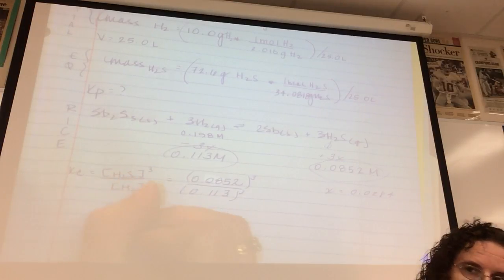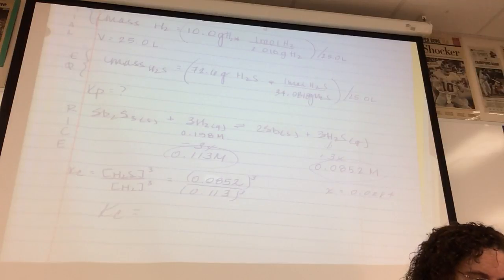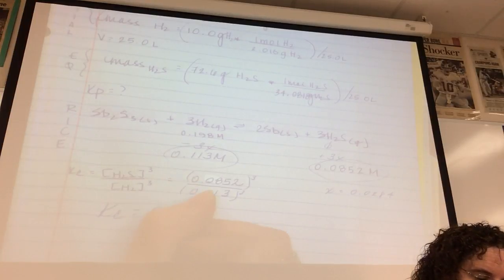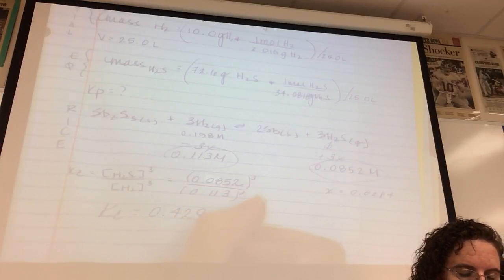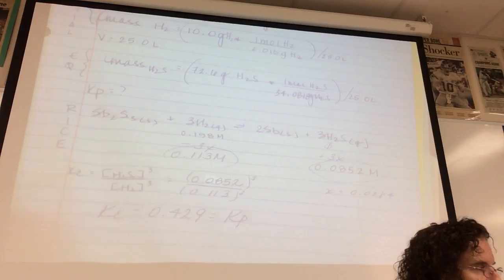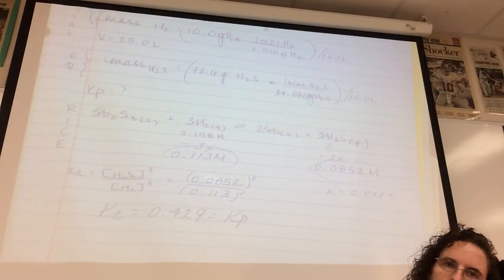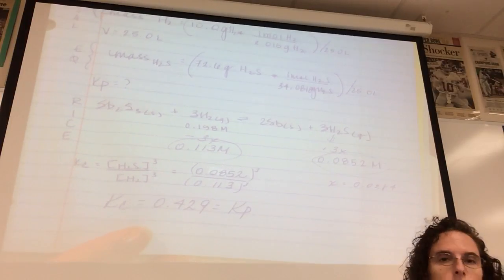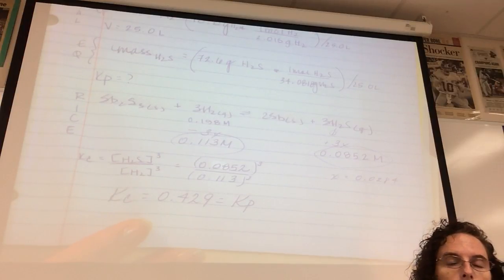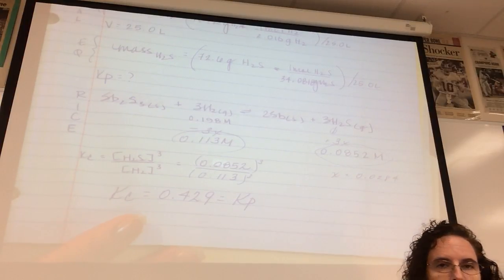So Kc here is 0.429, and in this case is that equal to Kp as well? Because of the gases, the delta n of the gas is 0.